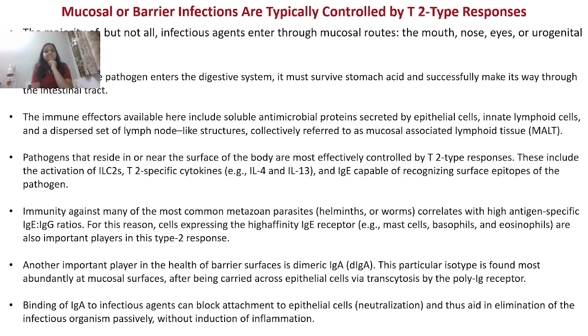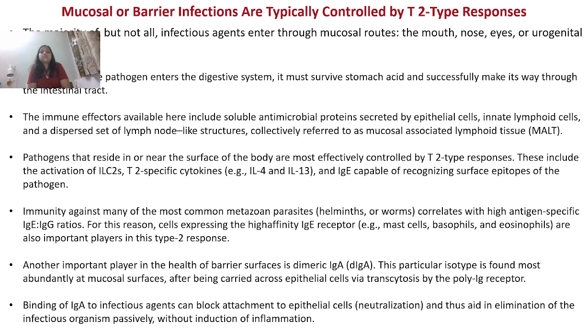Then immune effectors are there, which include soluble antimicrobial proteins which are secreted by epithelial cells, innate lymphoid cells, and a dispersed set of lymph node-like structures known as mucosal associated lymphoid tissue. MALT, and GALT, gut-associated lymphoid tissue, and mucosal-associated lymphoid tissue, which we have already talked about previously.